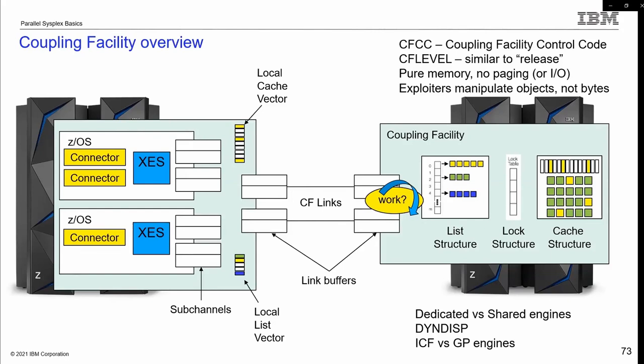Now for list, it's going to work in a very similar method. If I, as a connector, register to be notified when a list transitions from empty to non-empty, in other words, whenever something makes the list go from a length of 0 to some other value, when some other connector adds something to the list, that will cause the local list vector on my CPC to be updated.